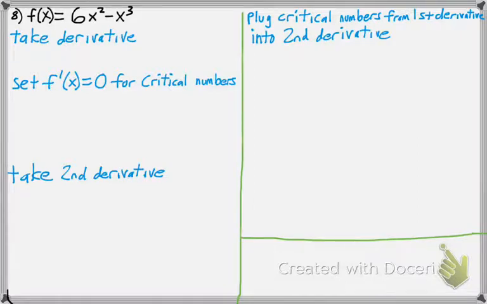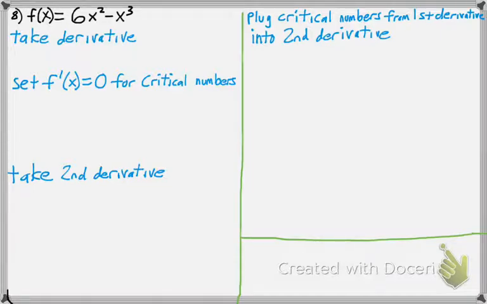If it's negative, then it's concave down, and that would be in the shape of a maximum because it would look like a frown. And the big thing here is that if it's 0, then it's inconclusive. So you can't actually say if it's a maximum or a minimum. So it's kind of a weakness of the second derivative test.